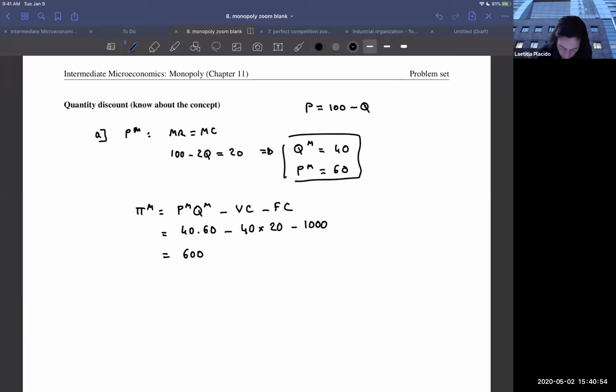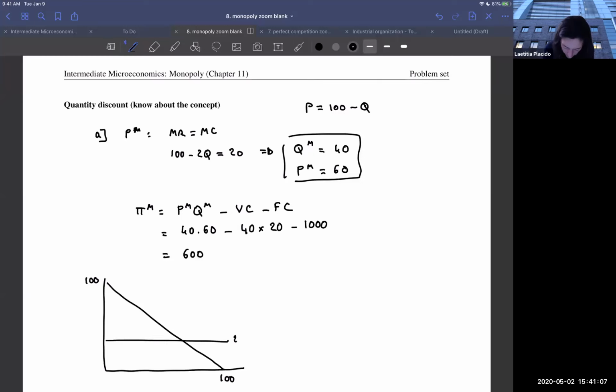So what is the consumer surplus here? We have the demand curve like this. Marginal cost is 20. Okay, so the consumer surplus is the pink area here. Oh, sorry, no. I must first put QM and PM.